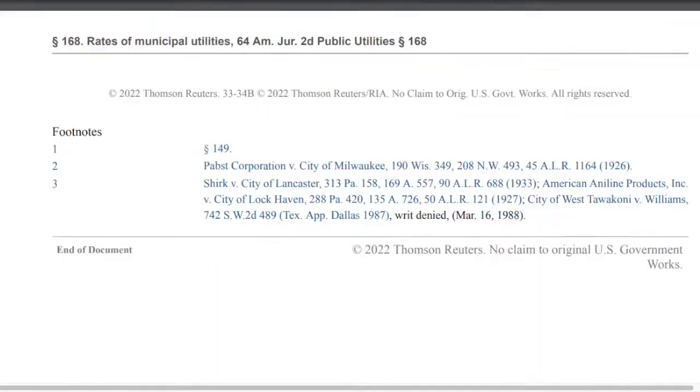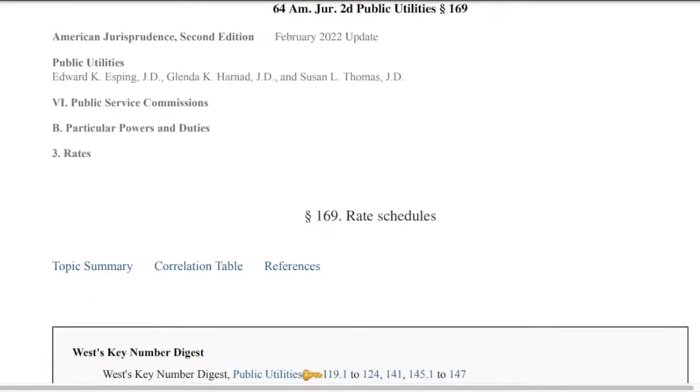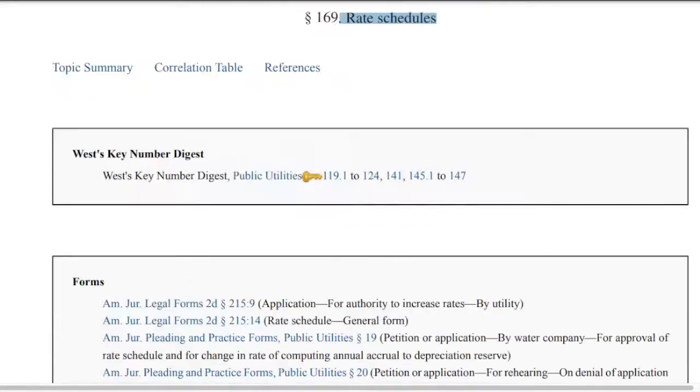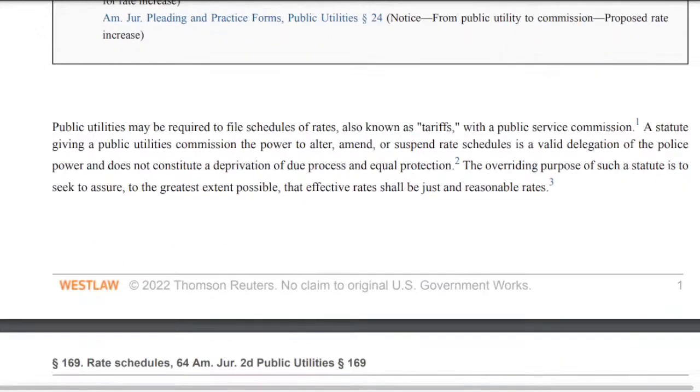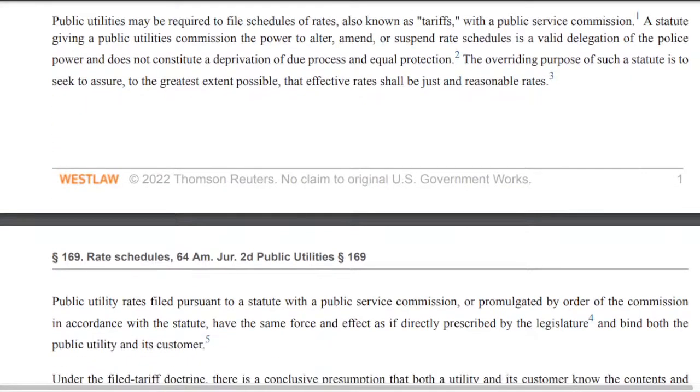Okay, so rate schedules. Public utilities may be required to file schedules of rates, also known as tariffs, with a public service commission. So you request the tariffs, like what this guy knows what he's talking about. Statute giving a public utilities commission the power to alter, amend, or suspend rate schedules is a valid delegation of the police power and does not constitute a deprivation of due process and equal protection.